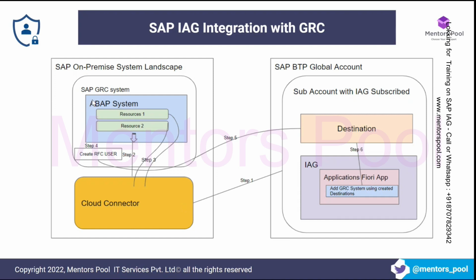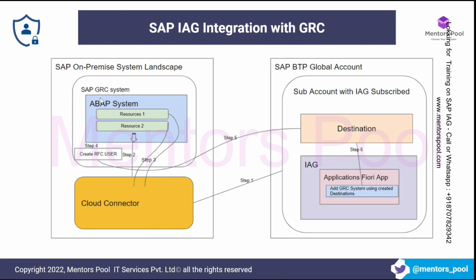Now, this is your GRC system, and it is an ABAP system. As a part of the second step, you have to add this ABAP system in the connection you have created. You can use RFC connection or HTTP. You have available options which you can utilize and add your ABAP system in this cloud connector.